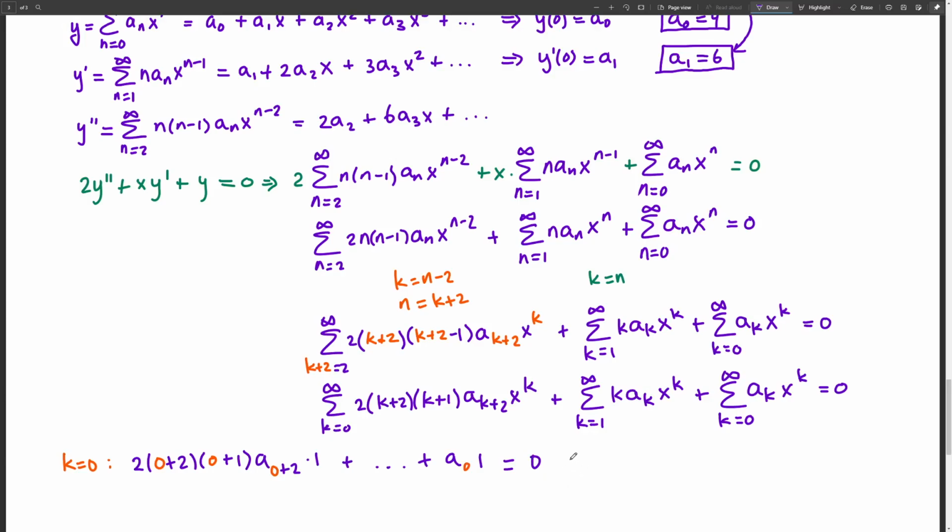And if I simplify that, I get 2 times 2 times 1. So that's 4 times a2 plus a naught equals 0. But I already know that a naught is 4. So it follows that 4a2 plus 4 equals 0. And so a2 is equal to -1.